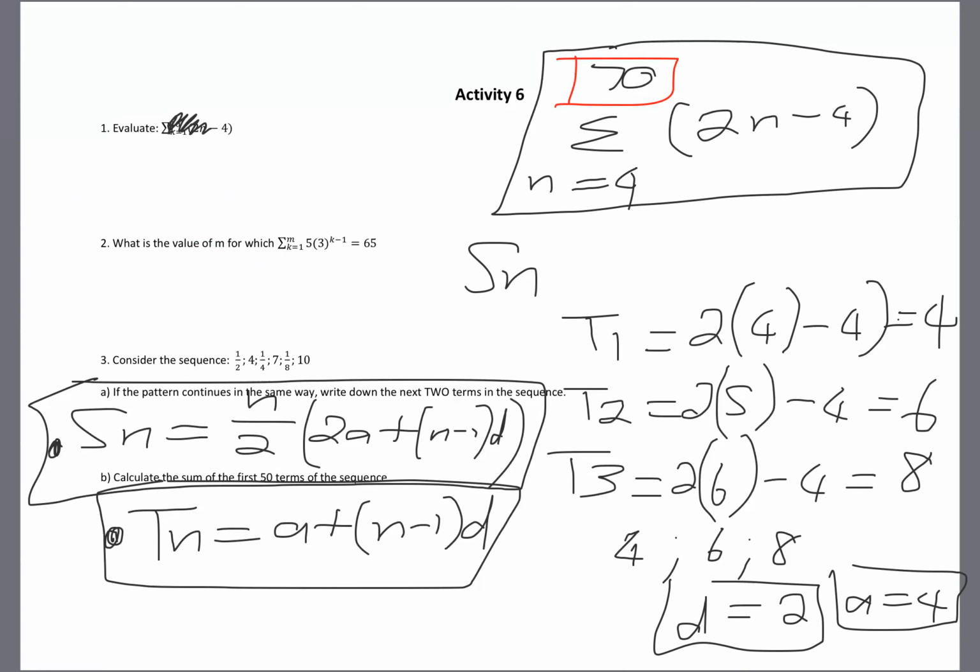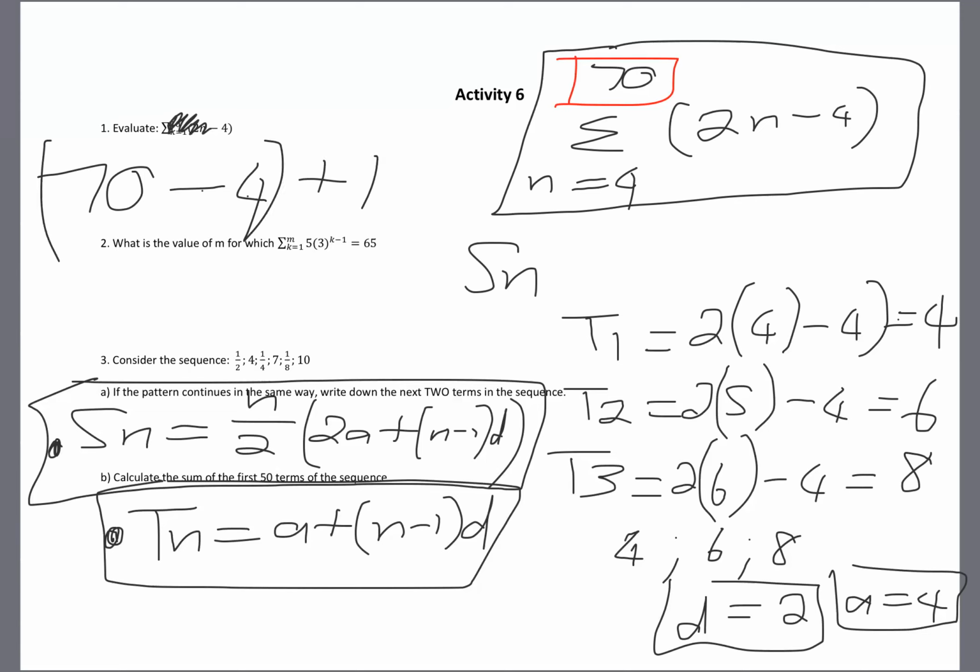So if my last term, which is n, is equal to 70, then it means that we have 70 minus 4 plus 1 terms in this sequence.